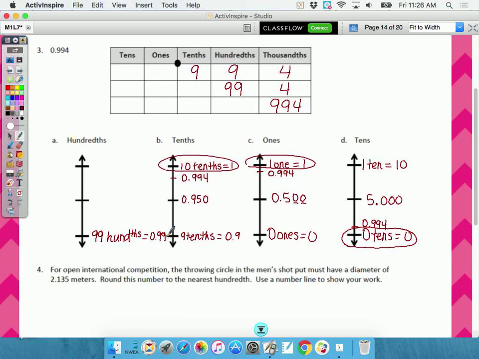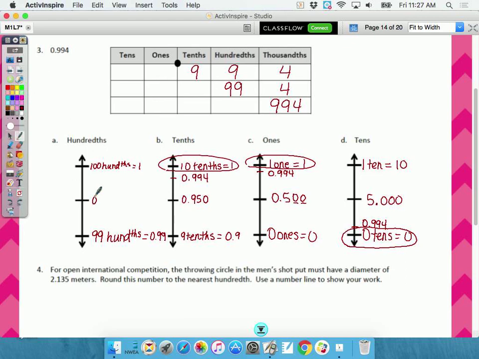And what comes after 99 hundredths? 100 hundredths. So it would be a 0 in the hundredths place. Eyes up here. This is what 100 hundredths looks like. What can I erase? The 0 and the decimal, right? So 100 hundredths is 1 whole.